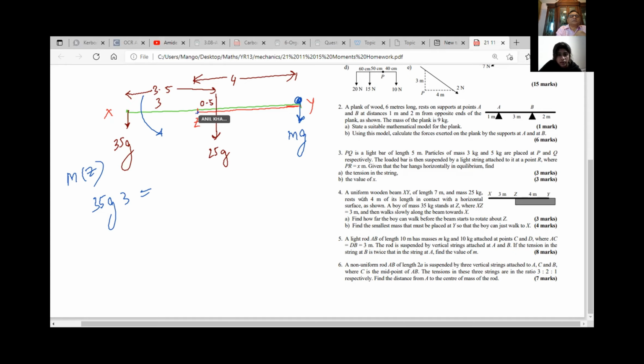So this point was the actual point. Now, the other force is 25g, which should be multiplied by 0.5, that is the distance between the center, let's say center is C, and Z. Plus the mass mg is 4 meters away.